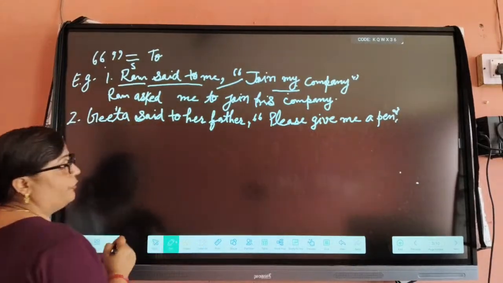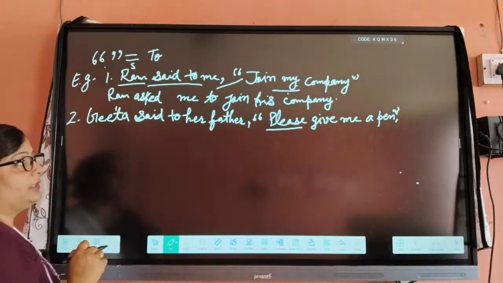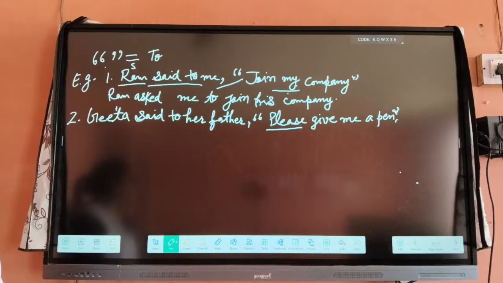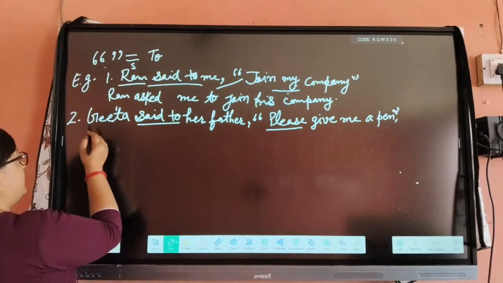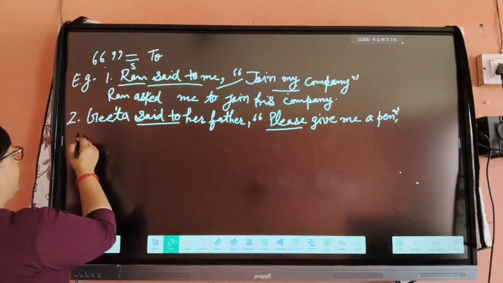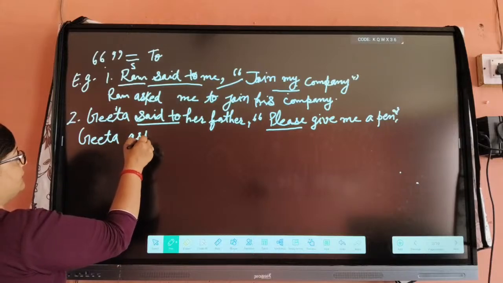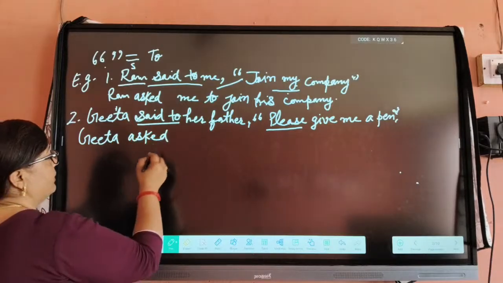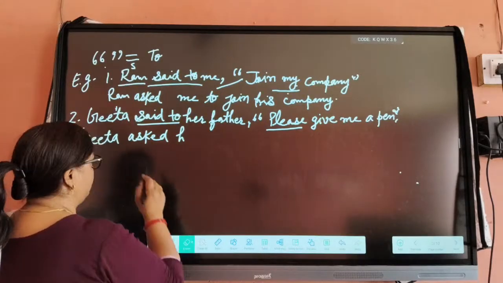How will you change it? Now we have the word please here. It means the sense is of request and we have to change our said to into requested. Now how will we change? Geeta requested her father.